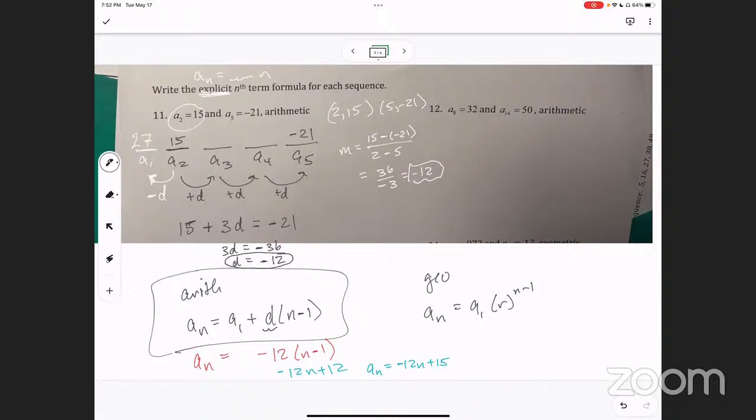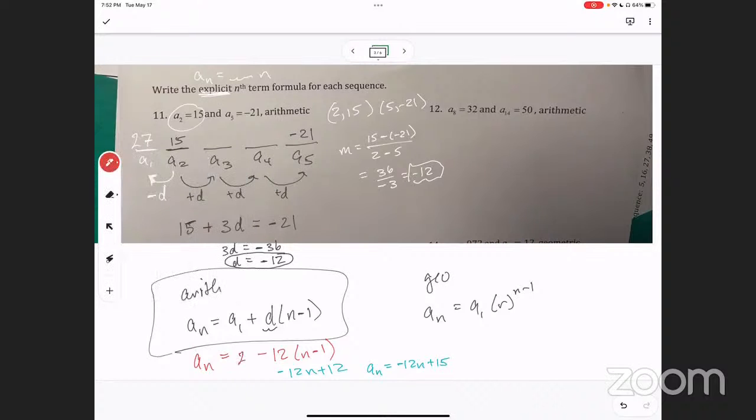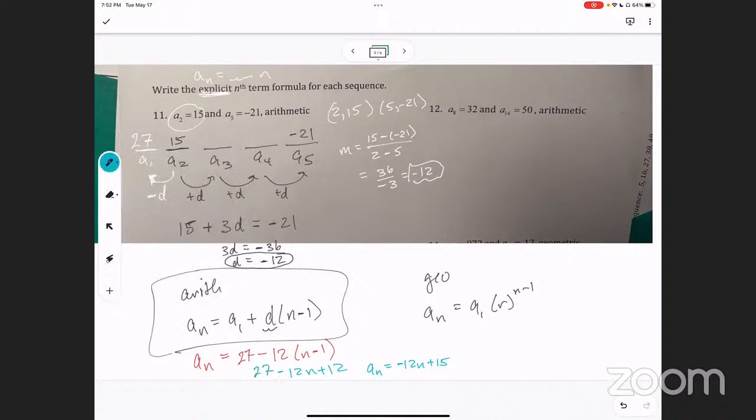Right, you're going the opposite direction, going to the left. So this should have been 27. So this right here shouldn't be 15. That should be 39.